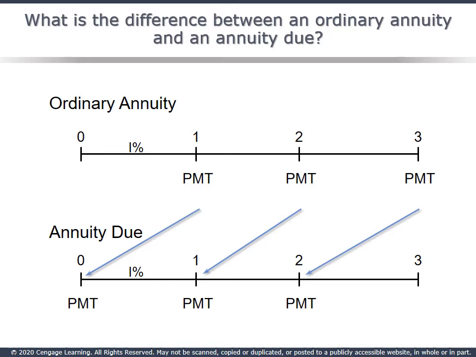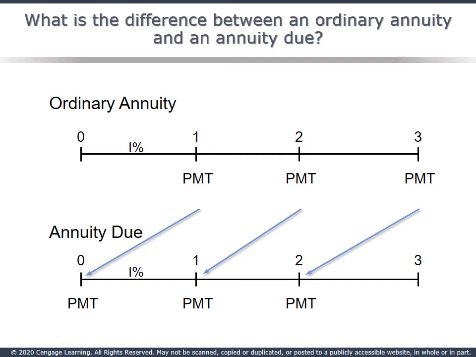time period. So with these two timelines, we have a 3-year annuity, 3 payments. But with the ordinary annuity, each payment is at the end of each period, at the end of each year.